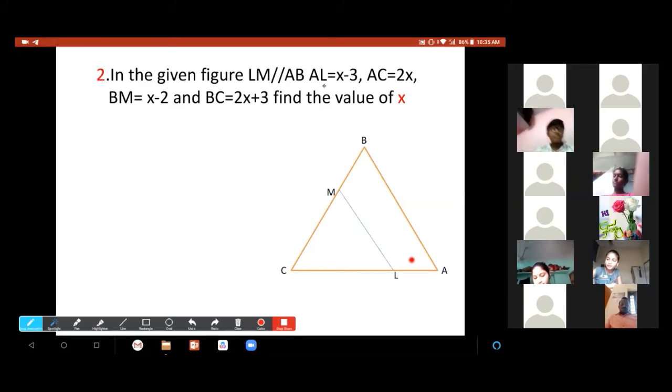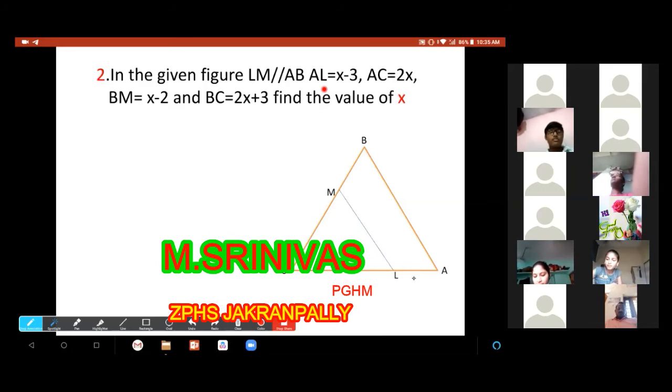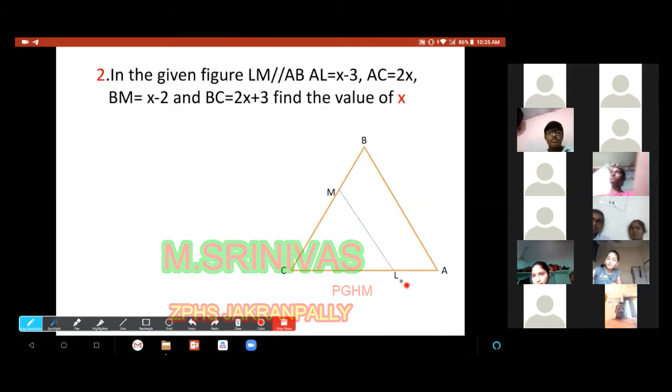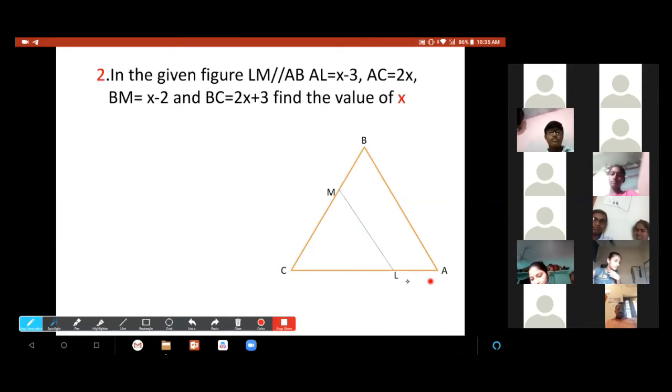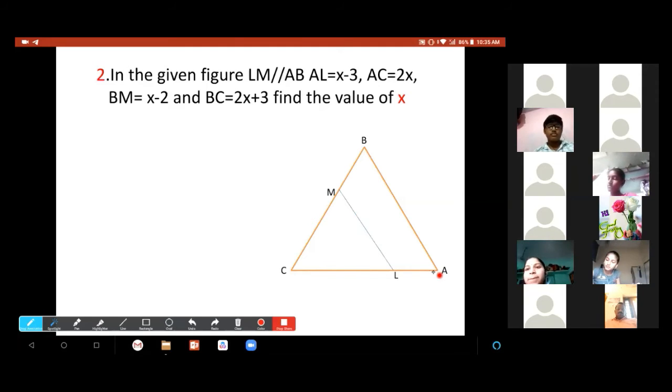And AL is equal to x minus 3. This AL value is given as x minus 3, and AC is 2x. This entire side AC is 2x. BM is x minus 2. This BM value is given as x minus 2.